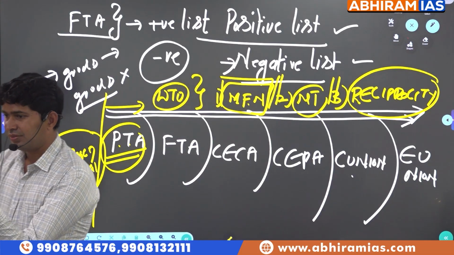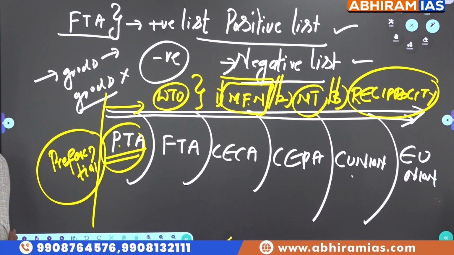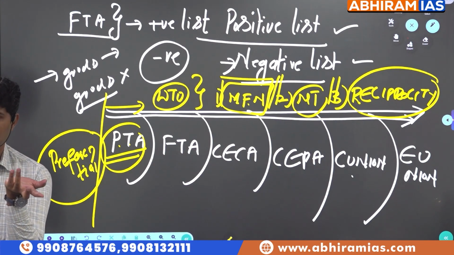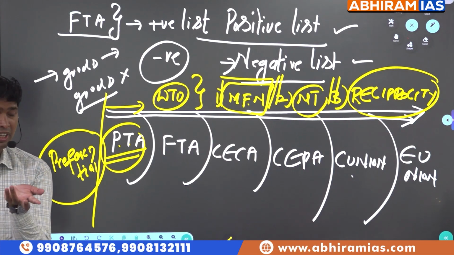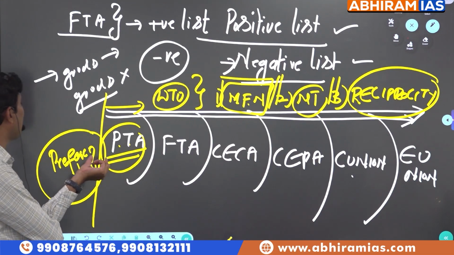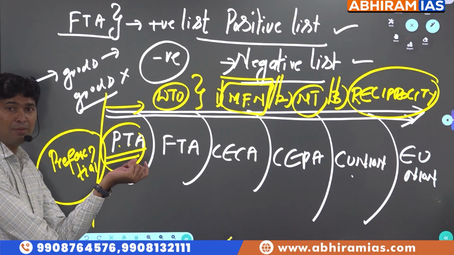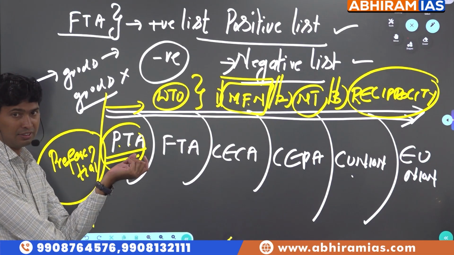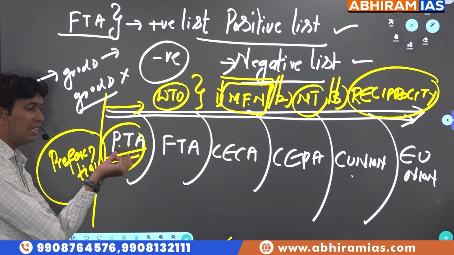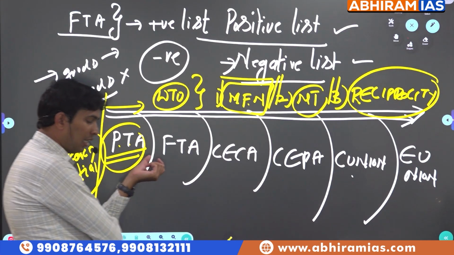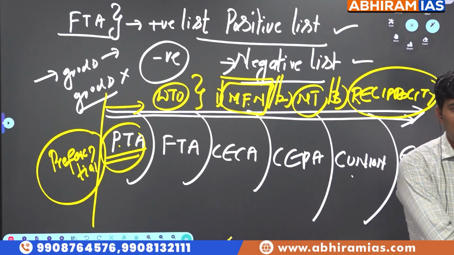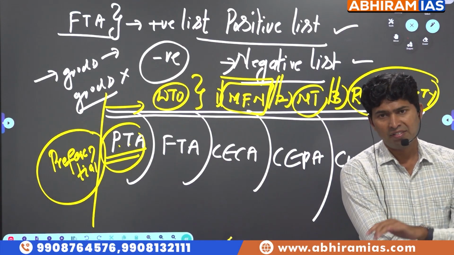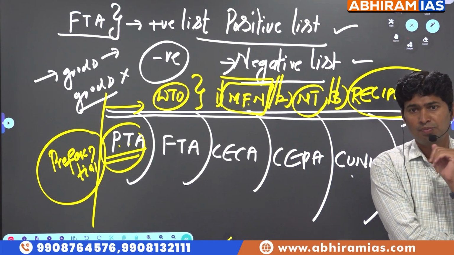You can give some preferential treatment for the goods of your friendly nations, which is called preferential trade agreement. What is the meaning of preferential trade agreement, sir? Reducing tariffs. If goods are coming from our friendly countries, we are collecting less charges for them, we are reducing duties, we are reducing tariffs for them.